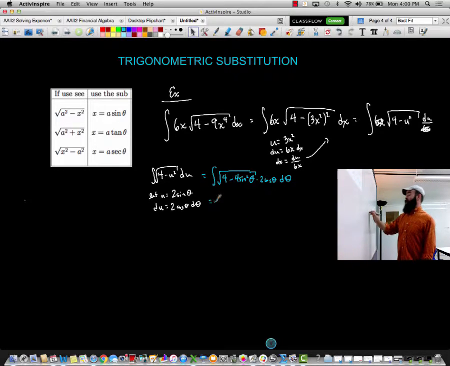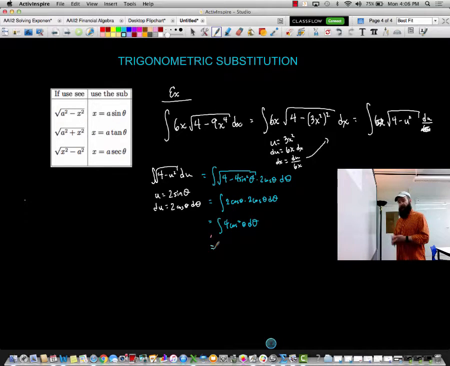So 4 minus 4 sine squared theta is 4 cosine squared theta, and the square root of that would be 2 cosine theta. So I've got 2 cosine theta times 2 cosine theta d theta. So that is 4 cosine squared of theta.